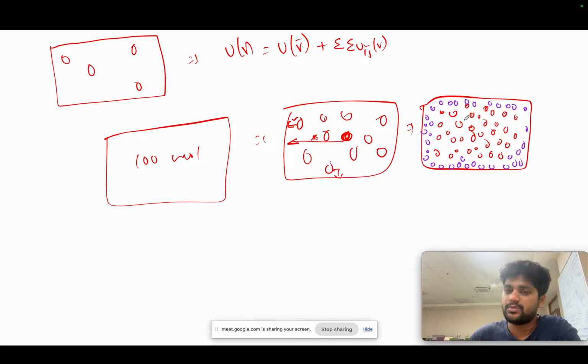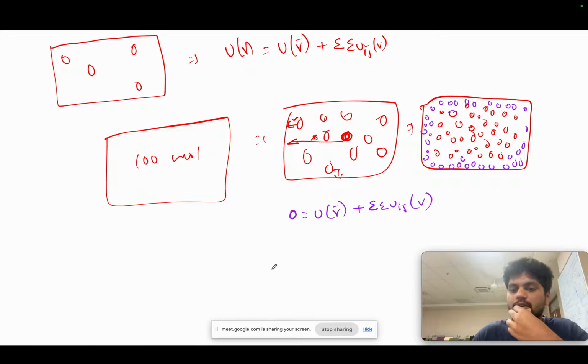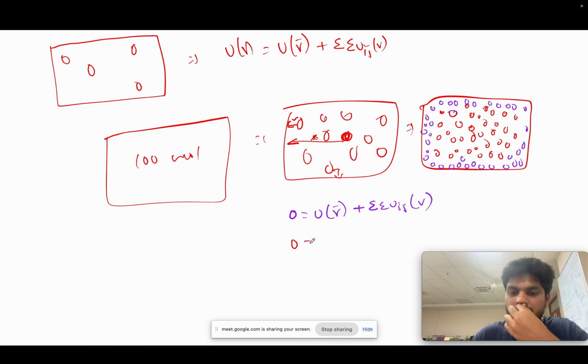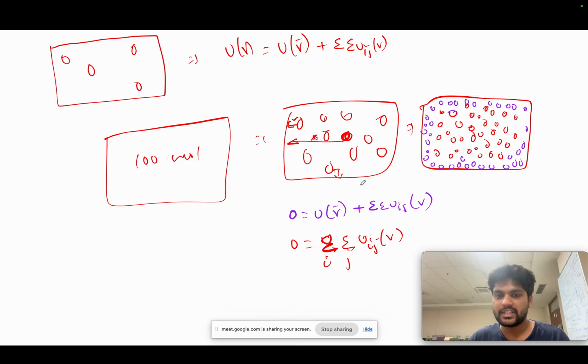Each entity can be a water molecule or CO2 or a single atom. If I take this one, it will have the wall interaction, but this one won't have the wall interaction. You understand my concern, what I'm saying here?